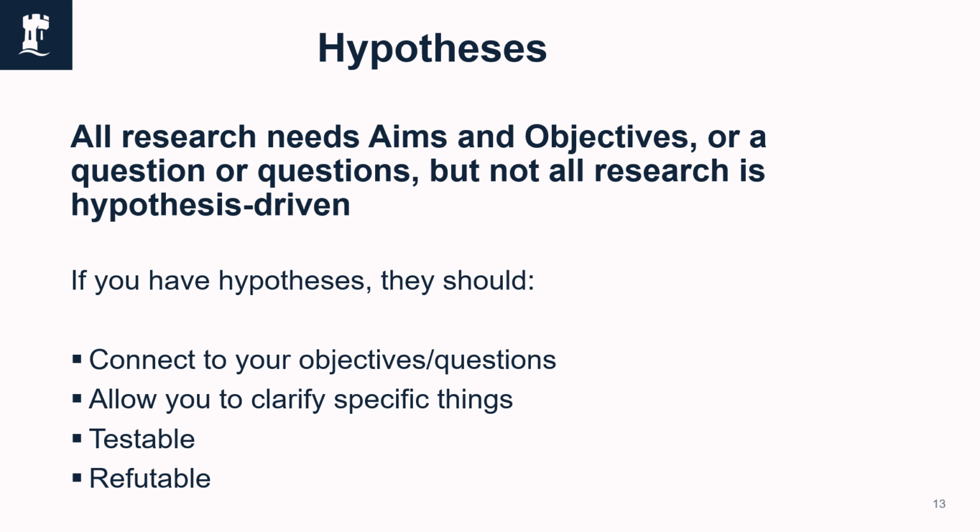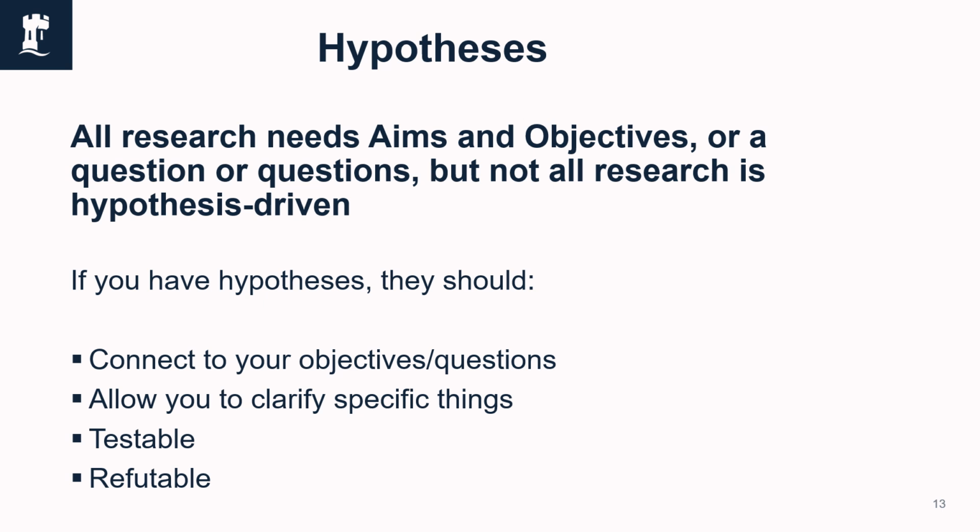But if you do have hypotheses, then of course there are a number of things that you need to ensure. Firstly, your hypotheses should demonstrably connect to your objectives or questions. And if they do, then they're allowing you to clarify specific things that sit within your overall aim.